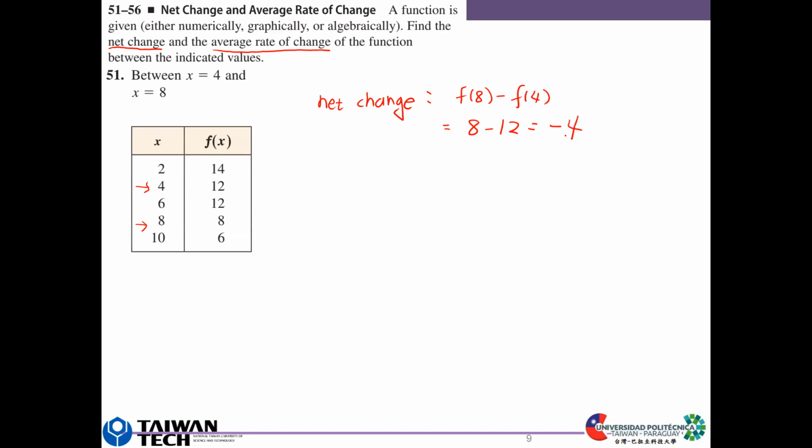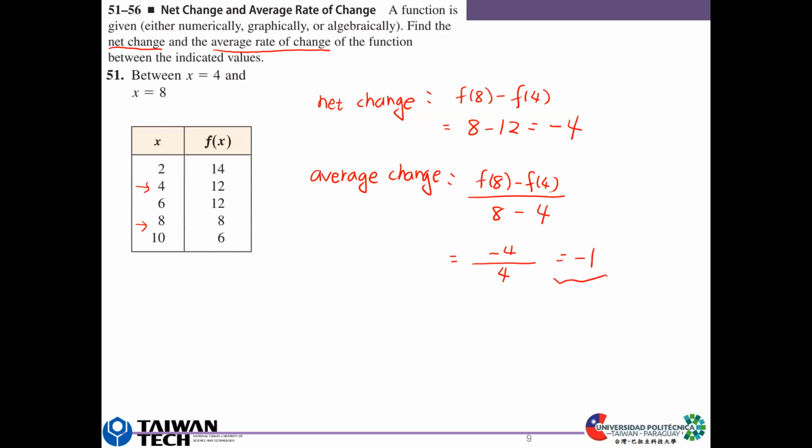And then you are asked to calculate the average change. Average change will be f of 8 minus f of 4 over 8 minus 4, which is minus 4 divided by 4, which is minus 1.